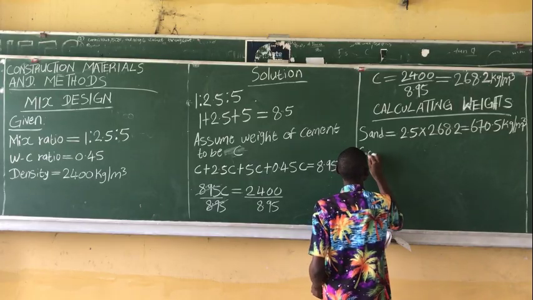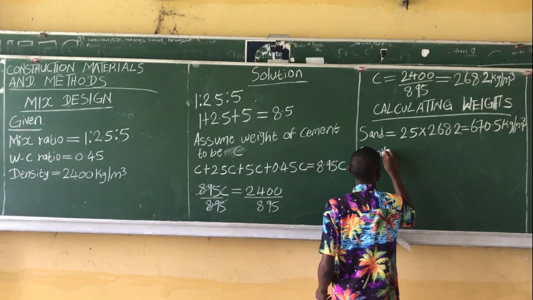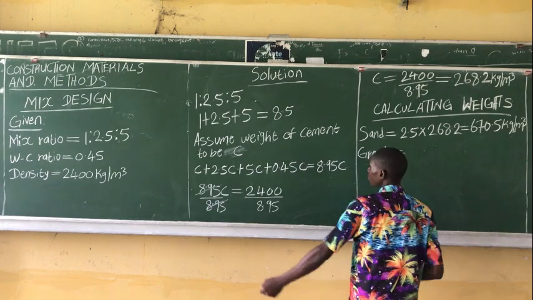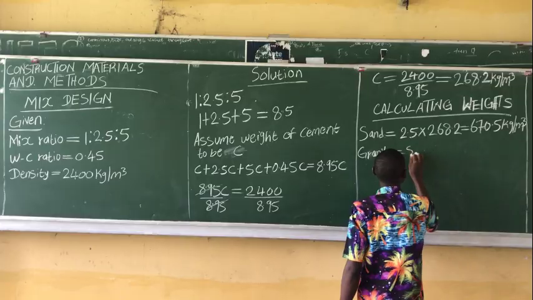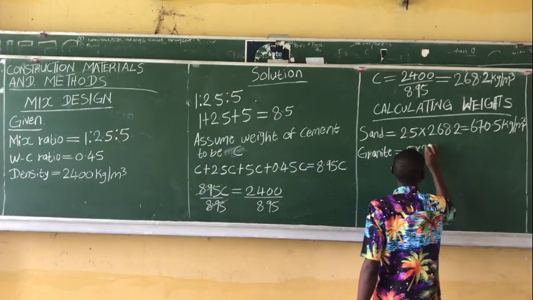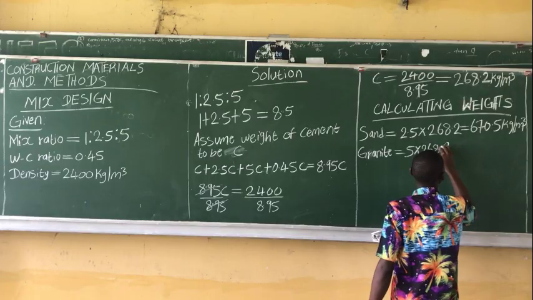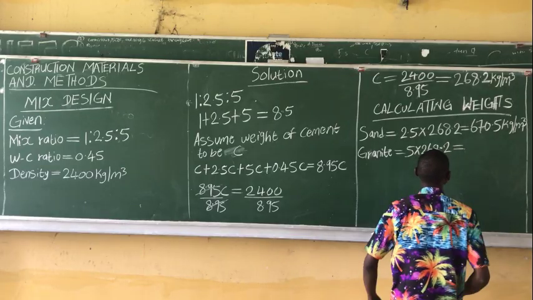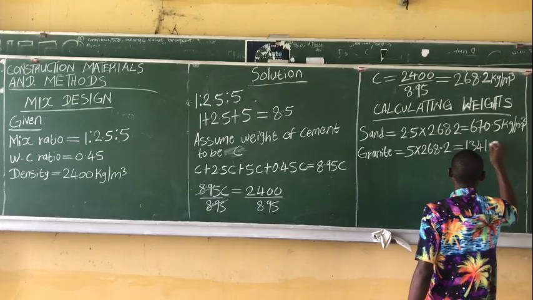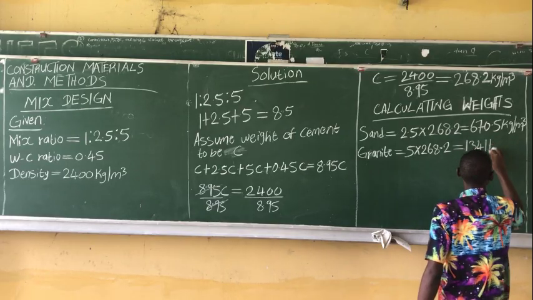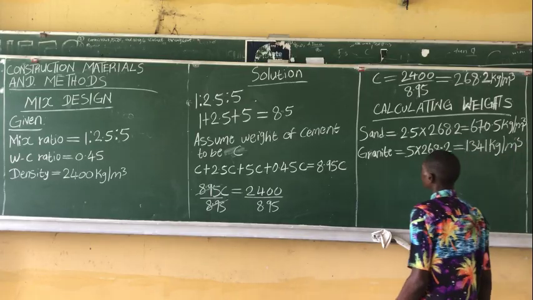For our granite, it is simply 5 times the weight of cement, which is 5 times 268.2, and that's going to be equal to 1341 kilogram per meter cube.